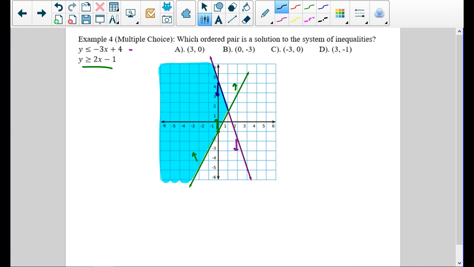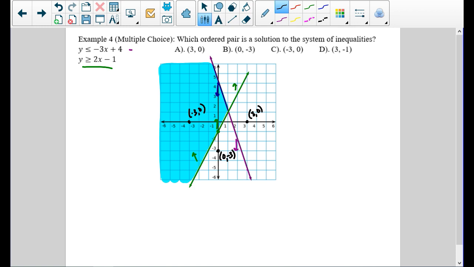So 3, 0, here's 3, 0, right? Not a solution to anything. 0, -3 here. Not a solution. It's not in my shaded area. -3, 0. That's in my shaded area.